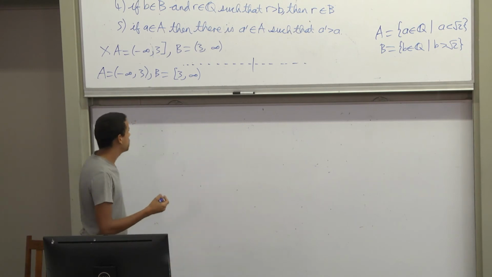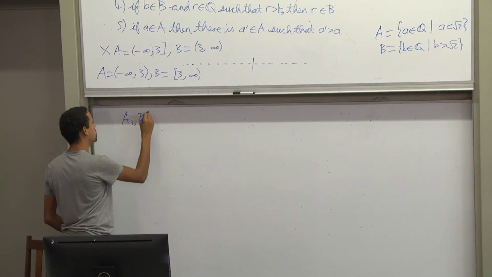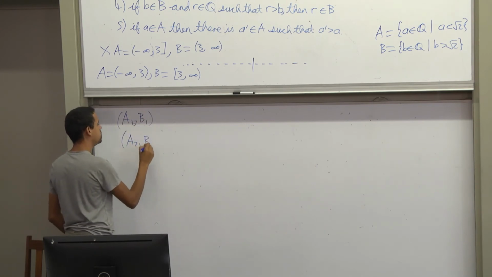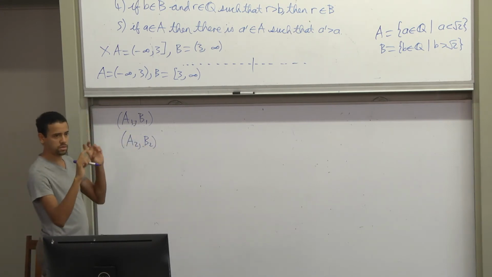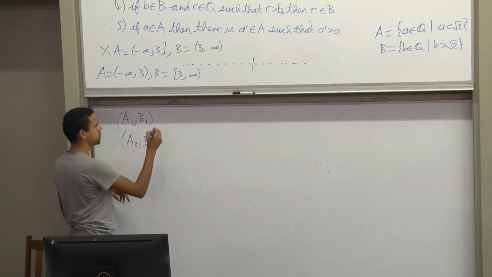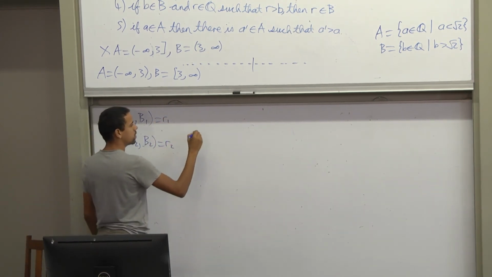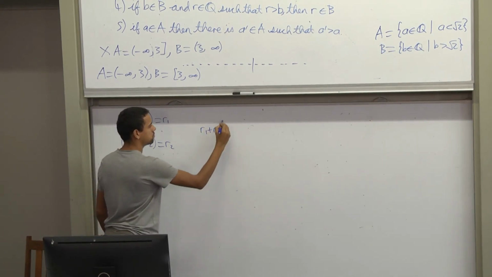So if I have one Dedekind cut, let's say A1, B1, and another Dedekind cut, A2, B2, and each of these is supposed to represent a real number, R1 and R2, how would you define R1 plus R2?